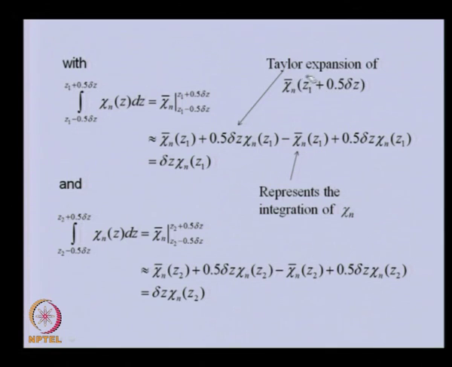If we expand that using Taylor series expansion, we will see that this is the first term and this is the second term, because the differentiation of this term will be there. So, the integration term will go away.